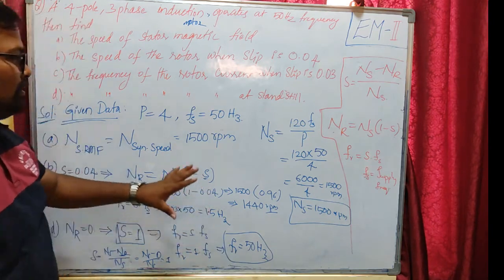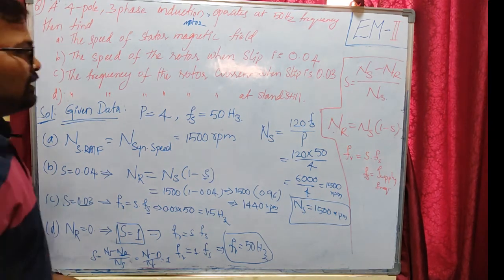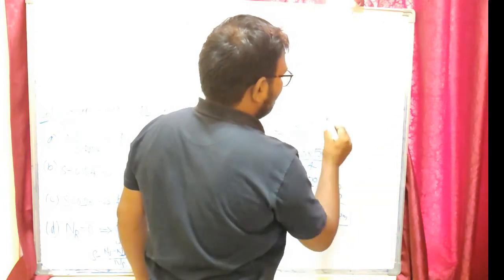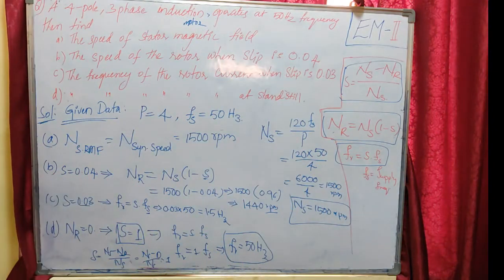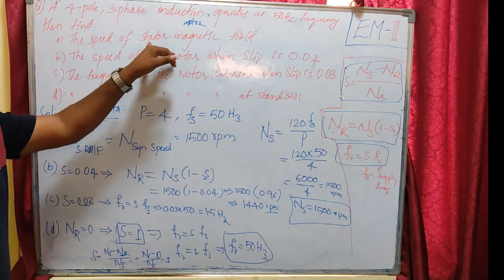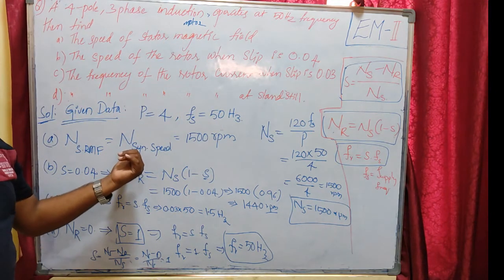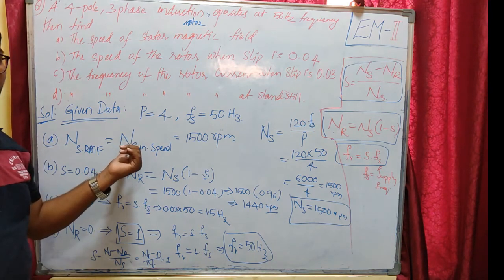Okay. So I think you got a clear idea about the basic formulas, that is slip, rotor current, rotor speed and rotor frequency. These are the important concepts in an induction machine. I hope you understand. The speed of the stator magnetic field equals Ns, the synchronous speed, which is also equal to the speed of the rotor rotating magnetic field.